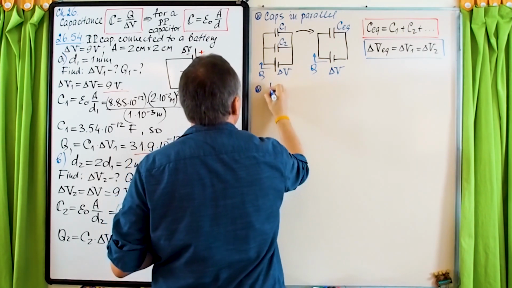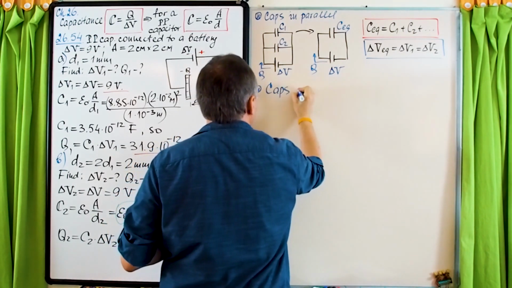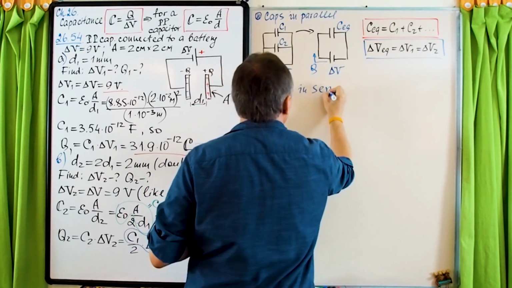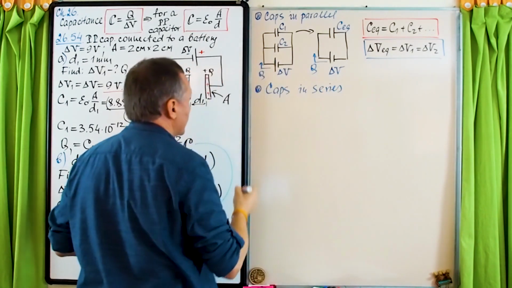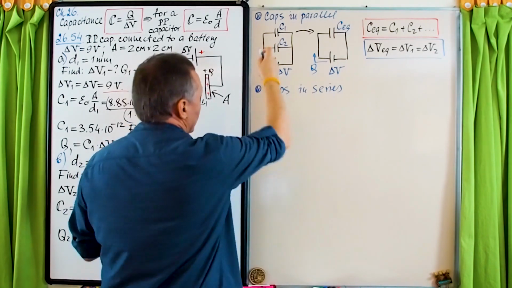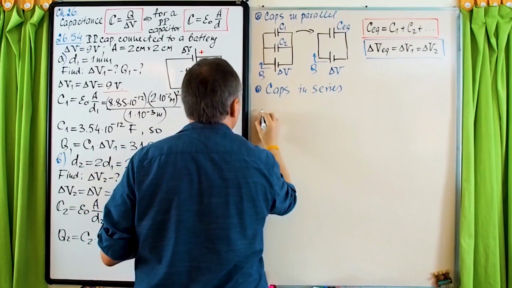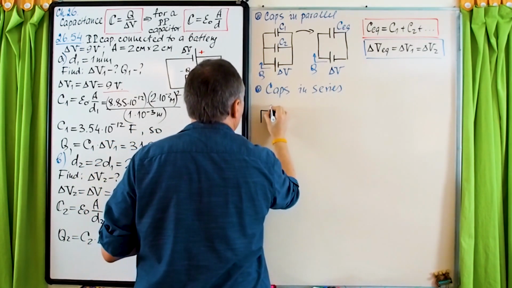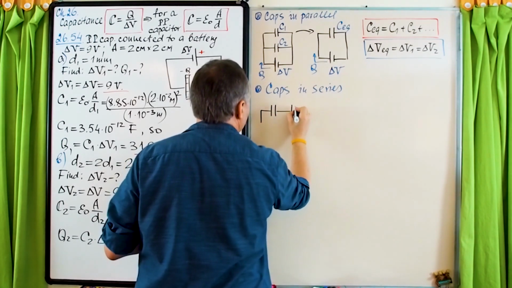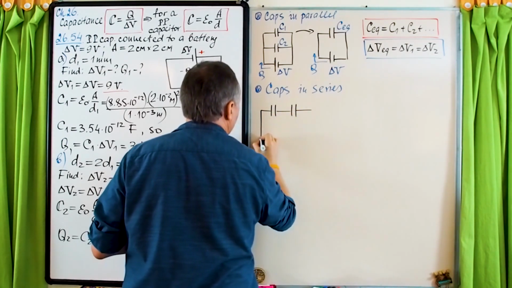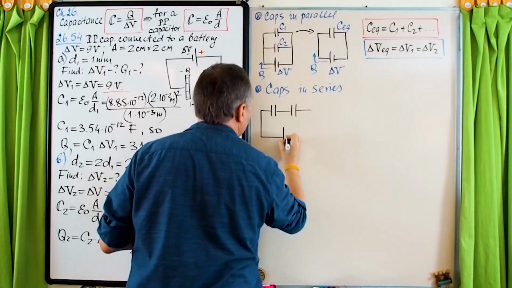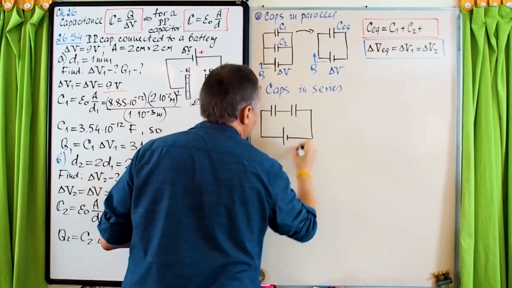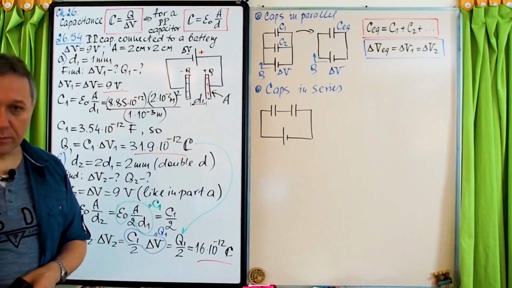Now, caps in series. Okay, let me first draw the situation. All right, so let's say first capacitor, second capacitor, and everything is driven by a battery.